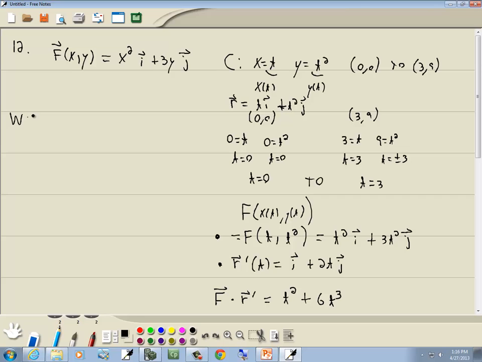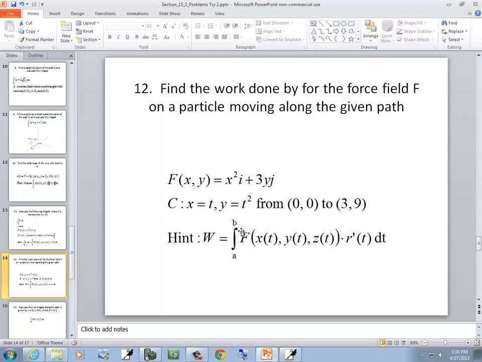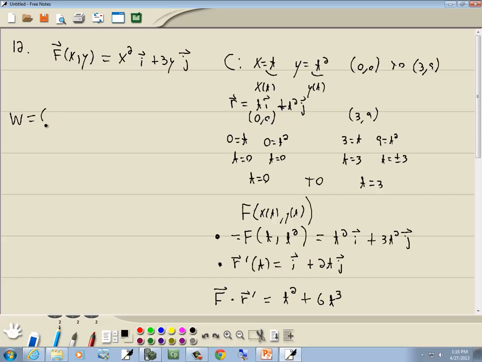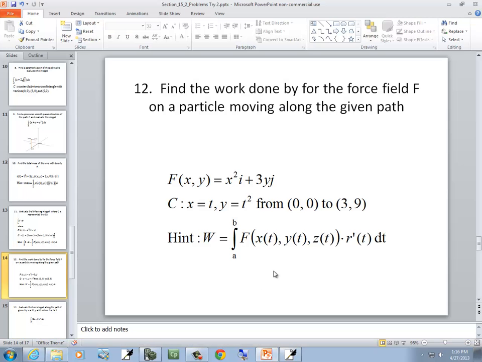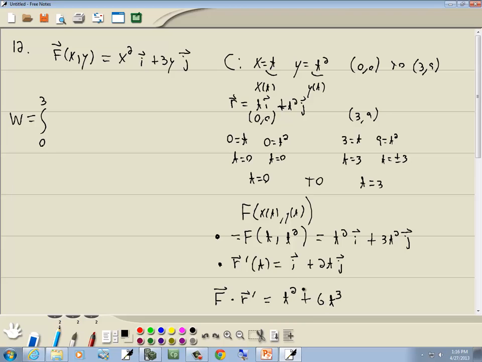So now we're ready to find our work. Work is from a to b, and we said it's from t is equal to 0 to t is equal to 3, of the dot product, which we just said was t squared plus 6t to the third, dt, which gives us 1/3 t to the third plus 6/4 t to the fourth, from 3 to 0.